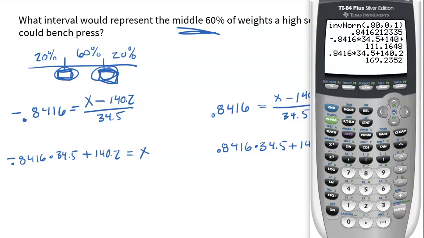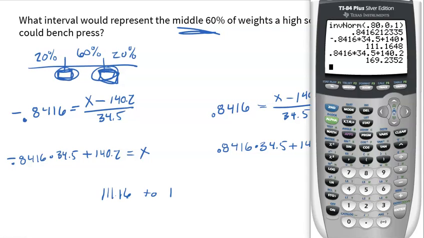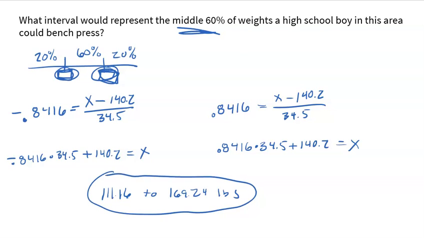So 111.16 to 169.24. So 111.16 to what was it again? I have a bad memory. 169.24. So anywhere in that region, if you're a high school boy and you could lift somewhere from 111 to 169 pounds bench press, you're in the middle 60%.